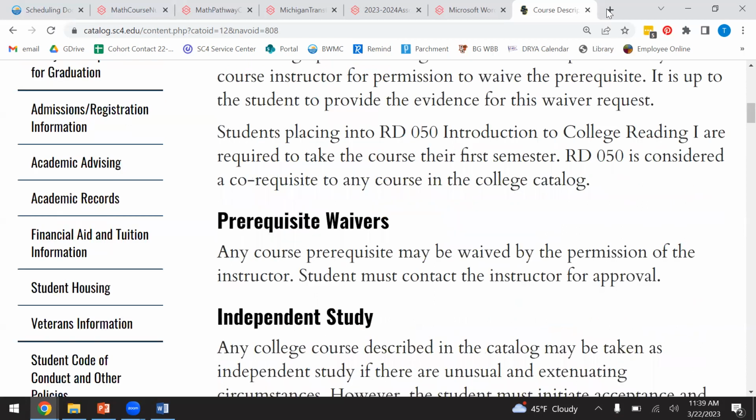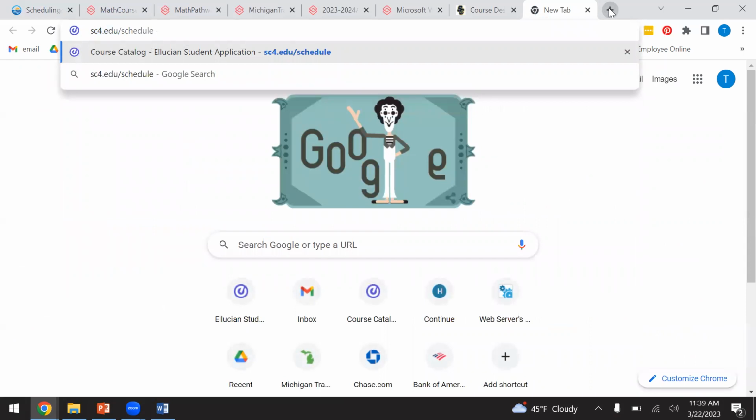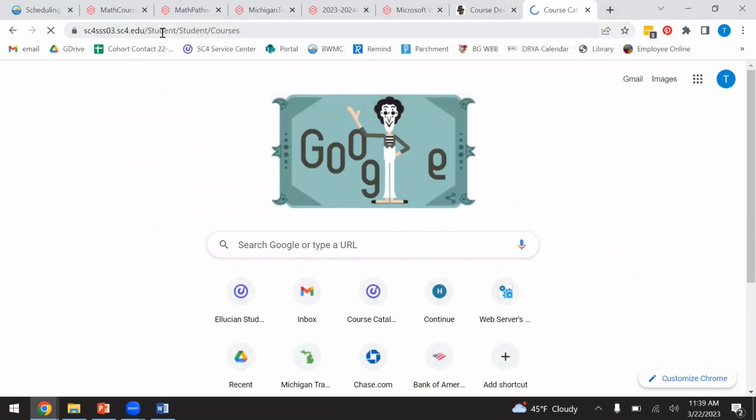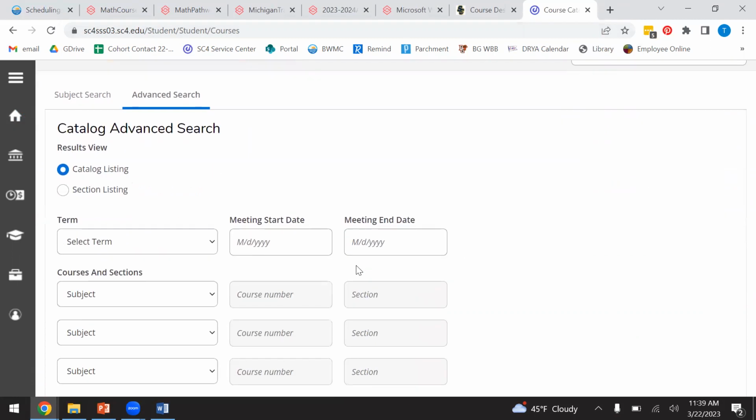Another way that we can look at the current catalog or the schedule is to go to sc4.edu/schedule. This is also something you can access right in the service center, and I'll be showing you how to do that as well. But this is where you can search based on what term you're looking at.